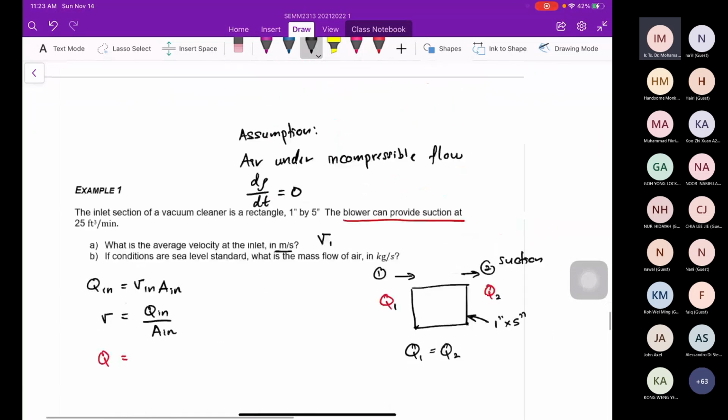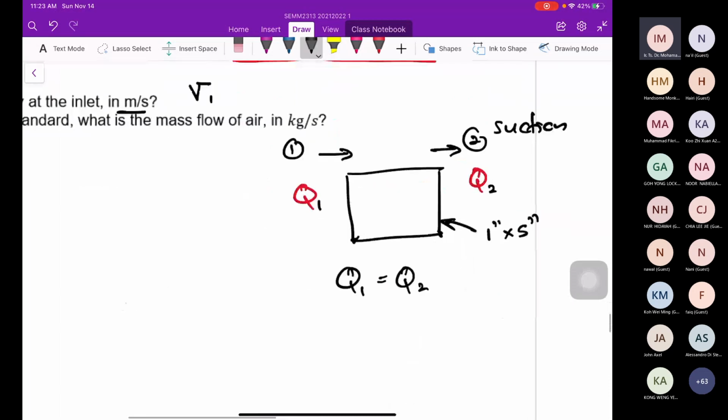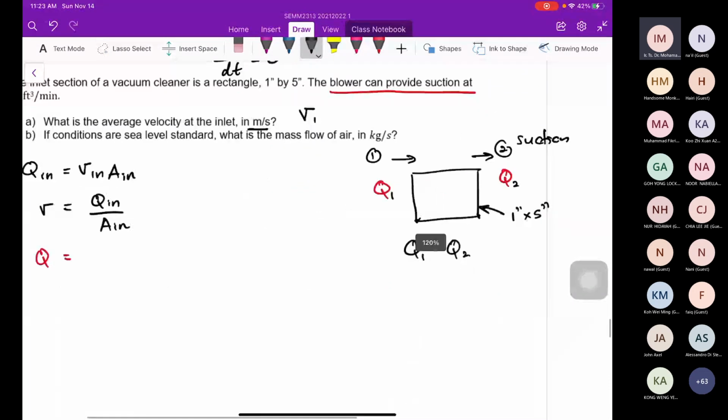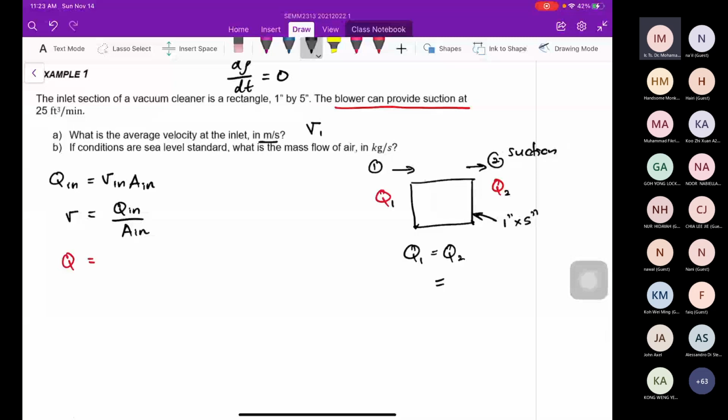So Q in, Q1, equals Q2. The suction is Q2, right? So it is given. Q suction is 25 feet cubed per minute.